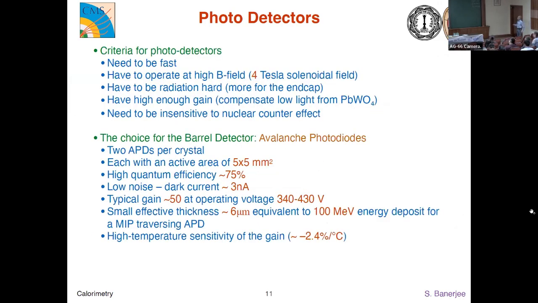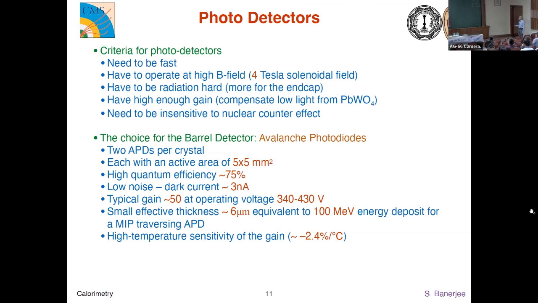As far as the photodetectors are concerned, again it comes from the requirements of what we would like to have. They need to be fast, need to operate in a magnetic field, have to be radiation hard, more in the end cap than in the barrel, and have high enough gain to compensate for the low light output in the lead tungstate crystals, and need to be insensitive to the nuclear counter effect.